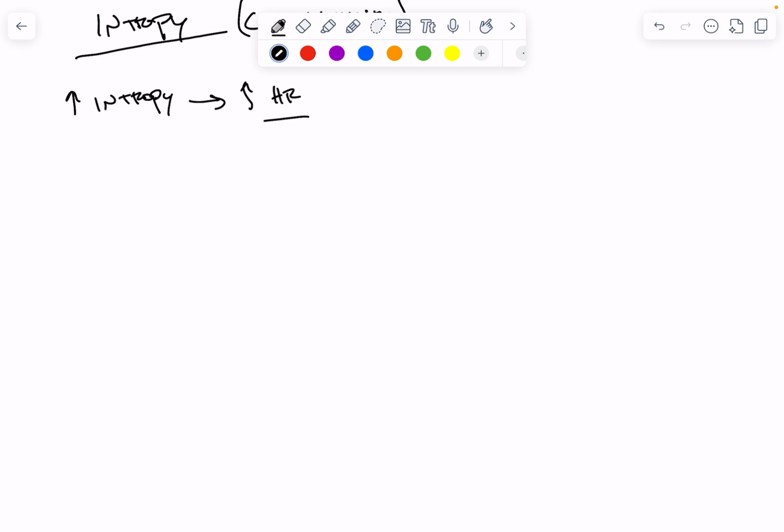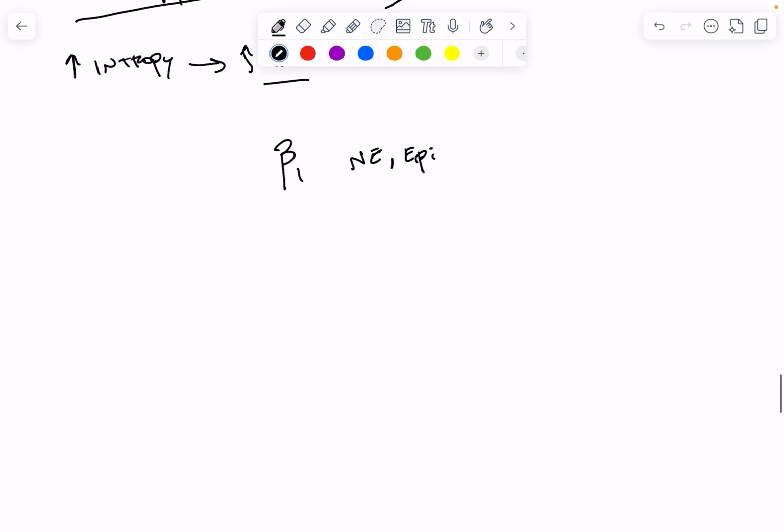The way your body does that is through the beta 1 receptor, which responds to norepinephrine and epinephrine.